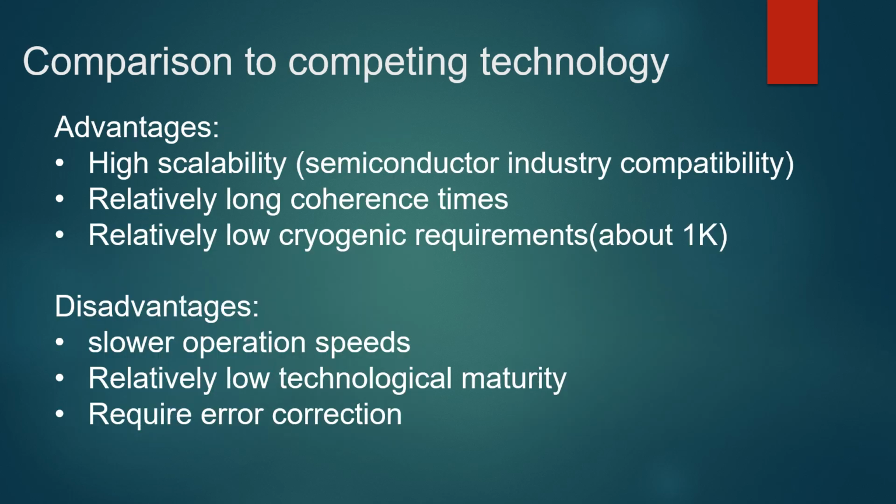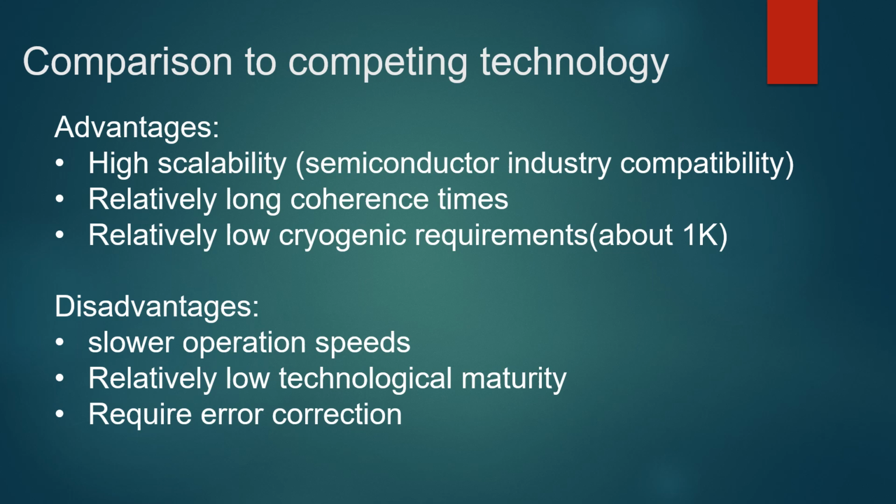Comparing to competing technology, the advantages of silicon germanium quantum dots are that they have high scalability because they are directly integratable with the semiconductor industry, and compared to the superconducting qubits, they have relatively long coherence times and relatively low cryogenic requirements, about 1 Kelvin, much larger than the millikelvin level of superconducting qubits.